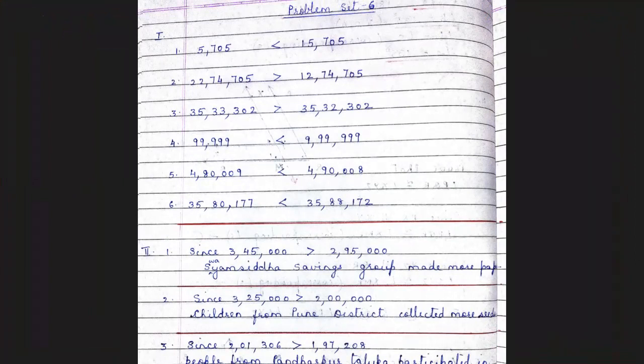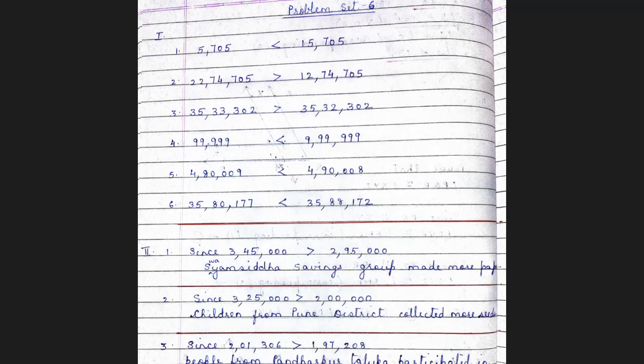So the next criteria that we follow, start from the 10 lakhs place, that is your first digit. Now on the left hand side the number is 2, on the right hand side the number is 1. So naturally the left hand side number is greater than the right hand side number, and therefore 22,74,705 is greater than 12,74,705.